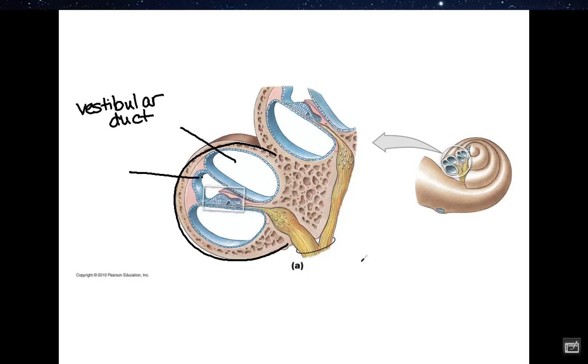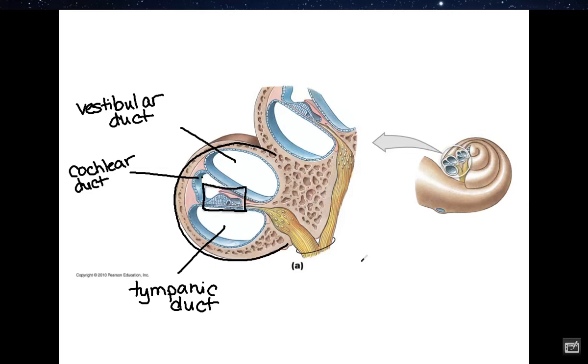The middle one is the cochlear duct. Now the cochlear duct is filled with air, whereas the vestibular duct and the bottom one, the tympanic duct, are filled with fluid. Within the cochlear duct is a square region here, which is the organ of Corti.